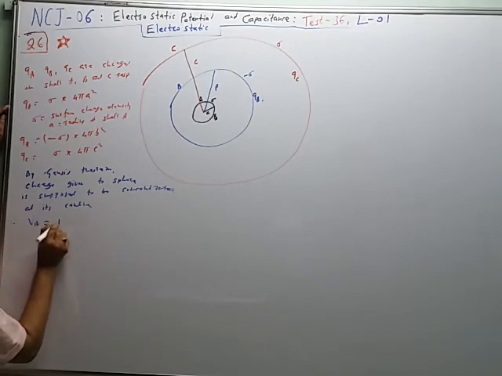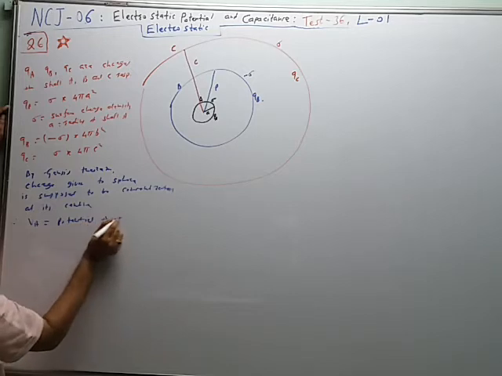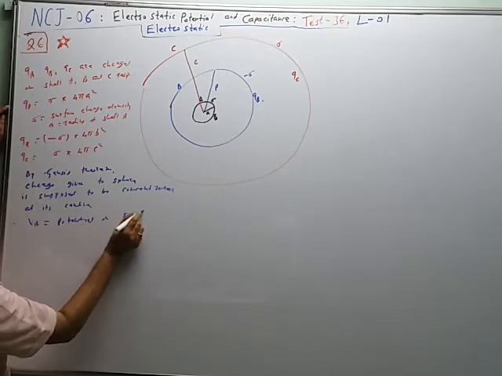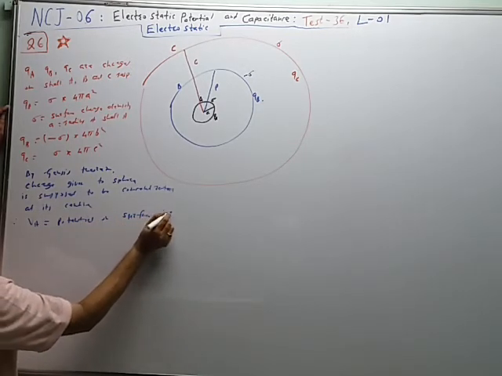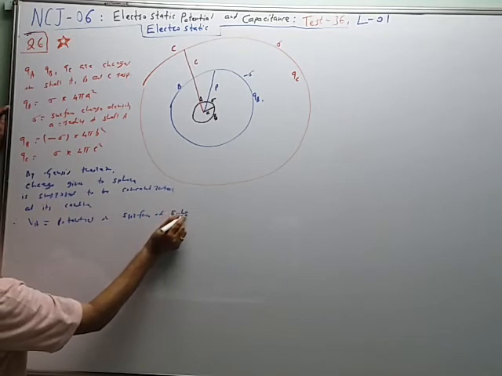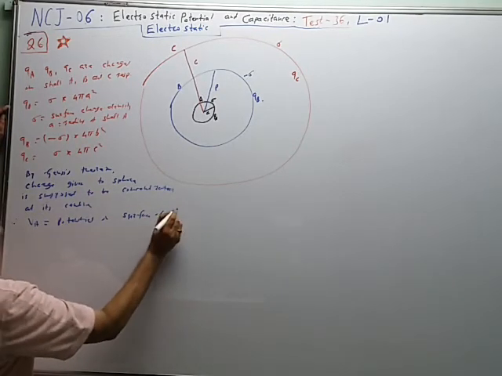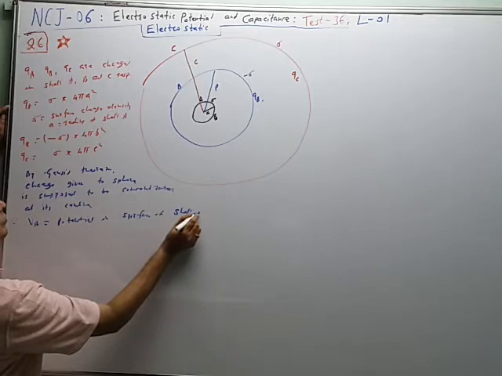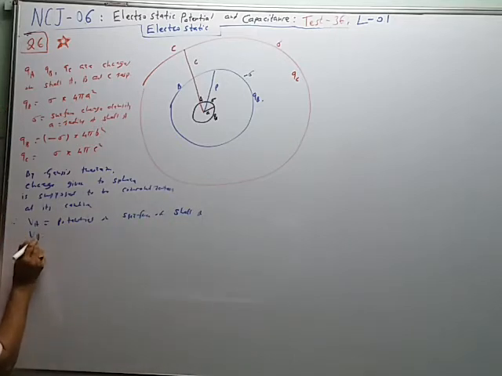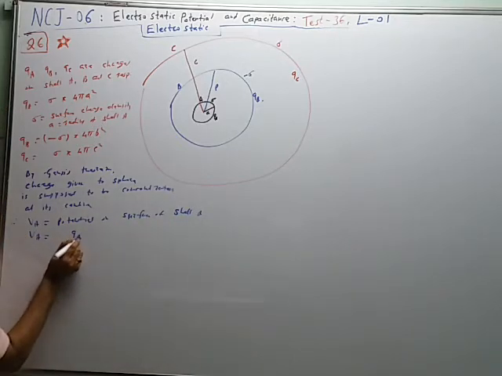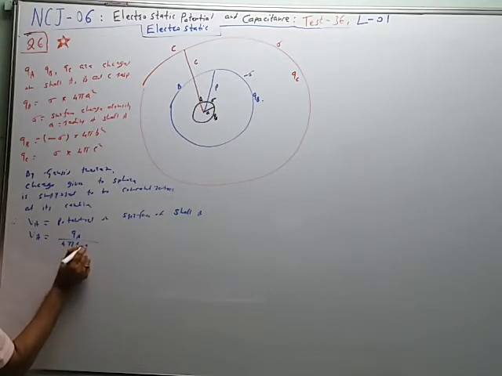Therefore, VA, the potential on the surface of shell A, is equal to QA upon 4 pi epsilon naught A.